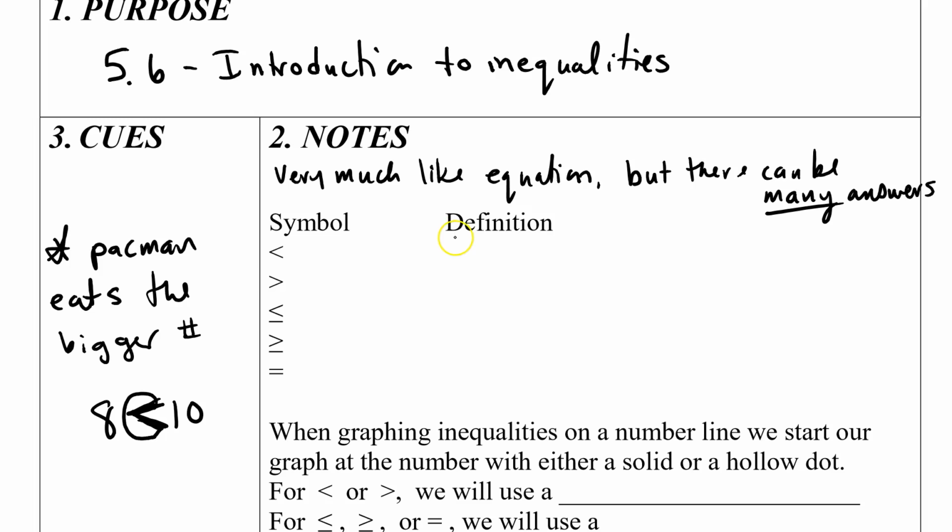So this one officially is less than. Because of Western reading protocol, we read from left to right. So that means that the thing on the left is less than the thing on the right. This one will be called greater than.